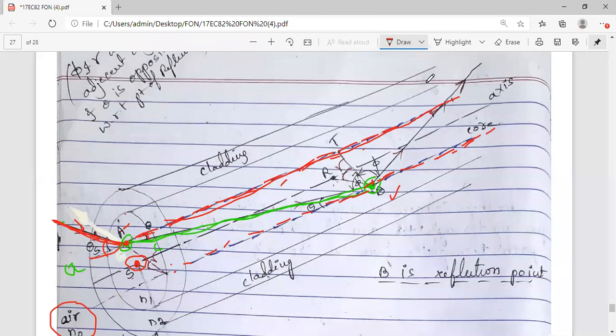And if you see, the angles are very important here. Let me just erase everything so that it is clearly visible to all of you.